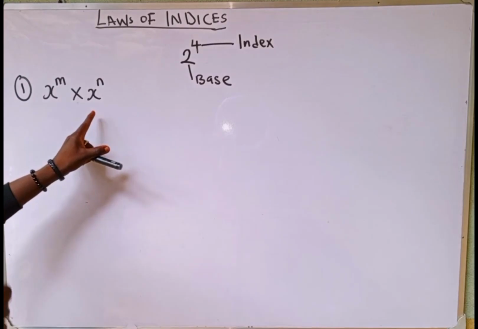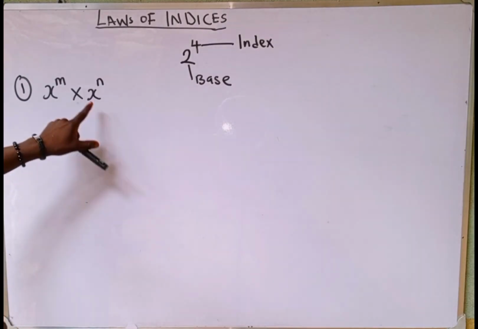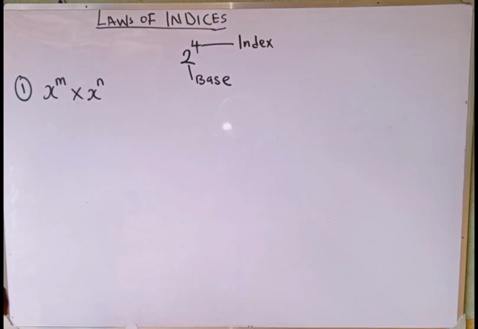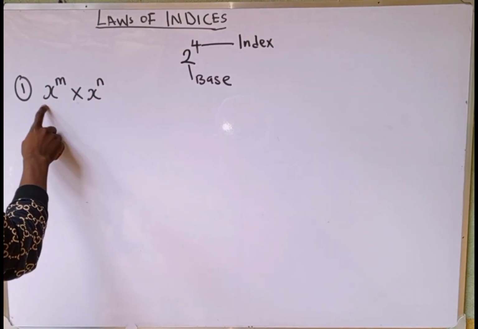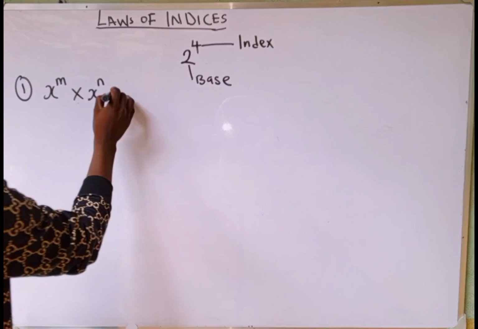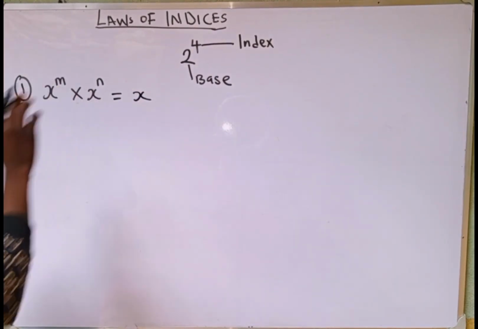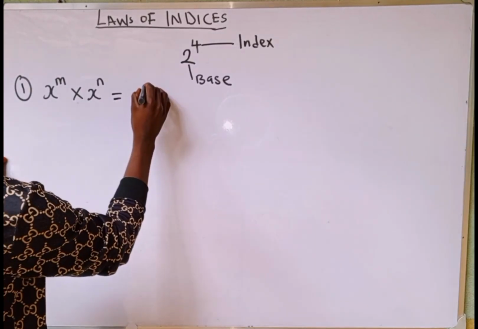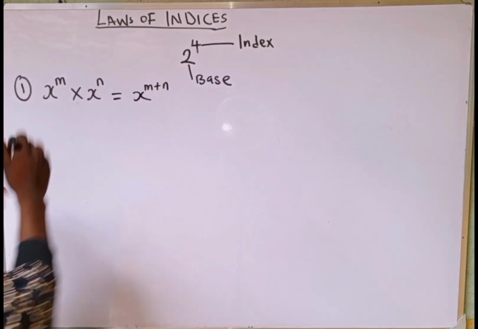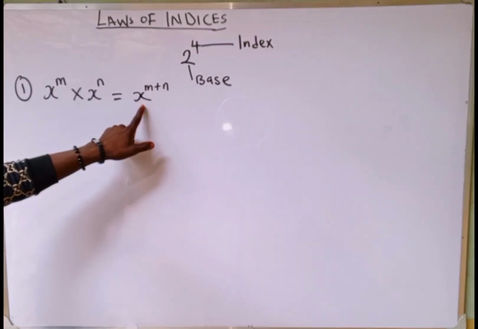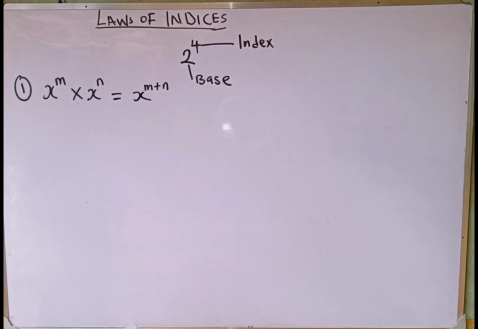And also on the right-hand side of this expression, the base is x and the index is n. Since the bases are the same, the multiplication law of indices says we write the base, which is x, then we add the powers: m plus n. So, since the bases are the same, you write the base, then we add the powers together.